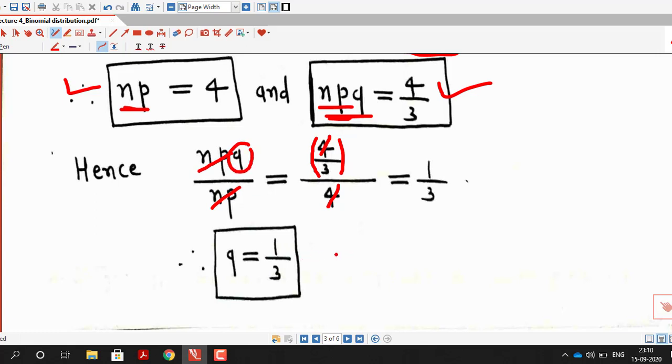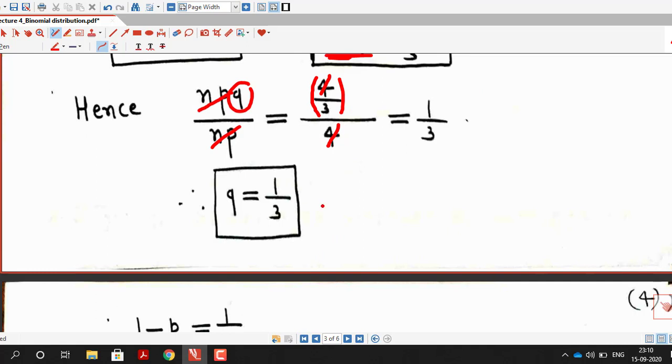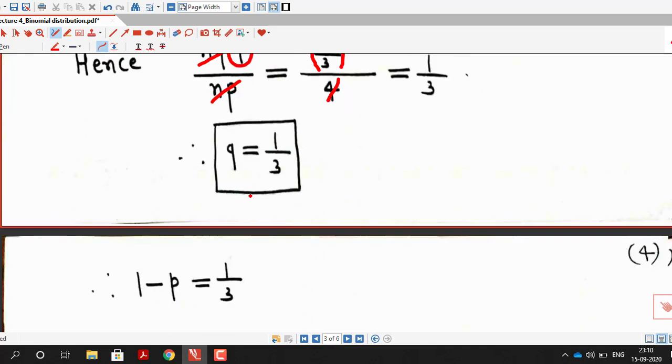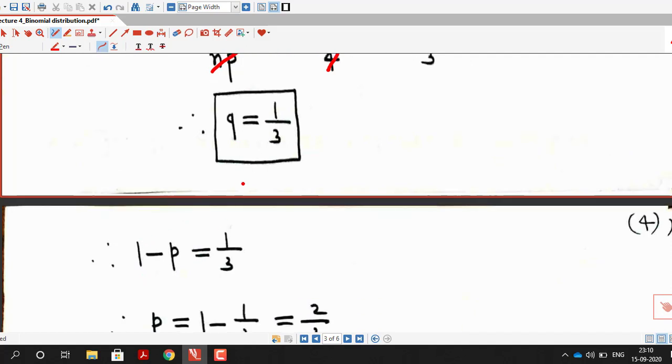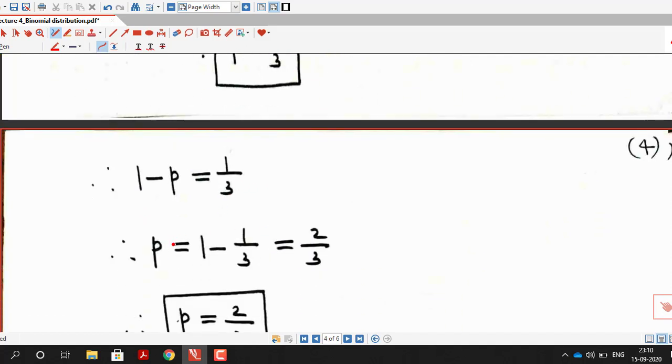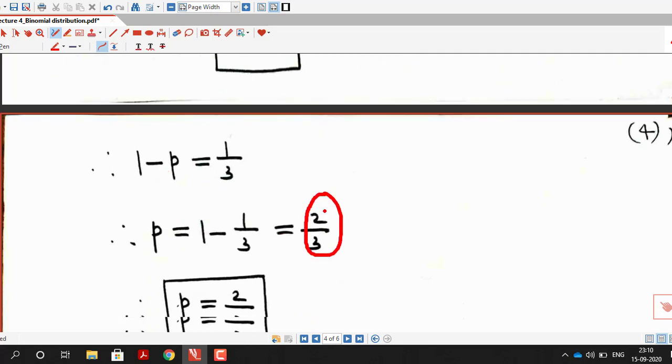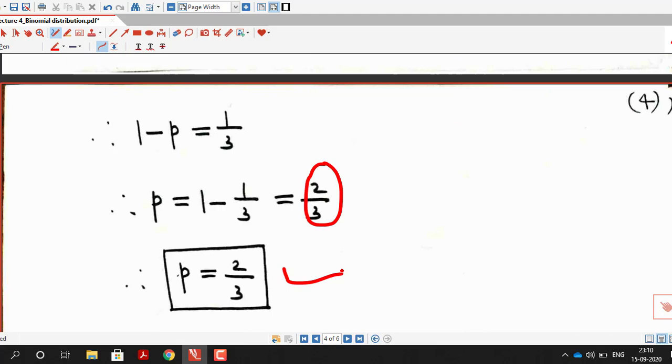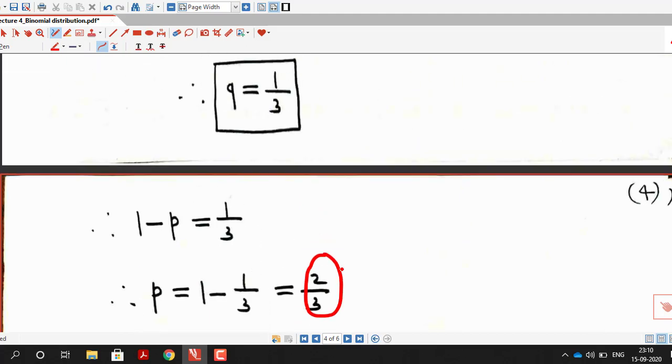So small q is 1 by 3. q is nothing but the probability of failure, and we know that q equal to 1 minus p. So 1 minus p is 1 by 3. Therefore p equal to 1 minus 1 by 3, that is 2 by 3. So we obtain the probability of success as 2 by 3.